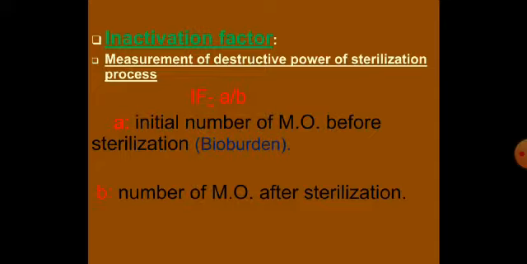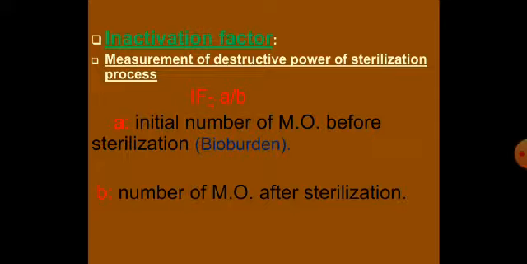And the number of the microorganism must be within the numbers described in the pharmacopoeias. I can't take the raw materials that is completely contaminated with the microorganisms. It will be very difficult to be used. The initial number of the microorganisms before any sterilization process is called the bioburden.